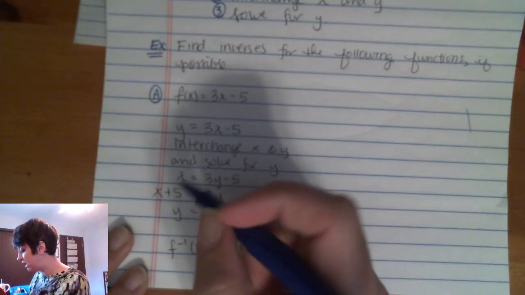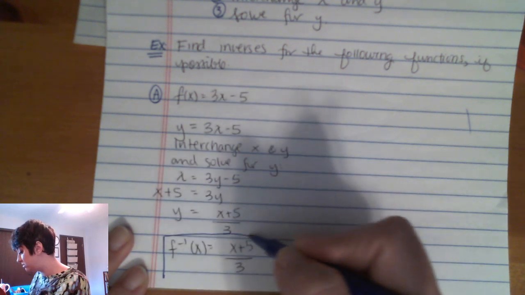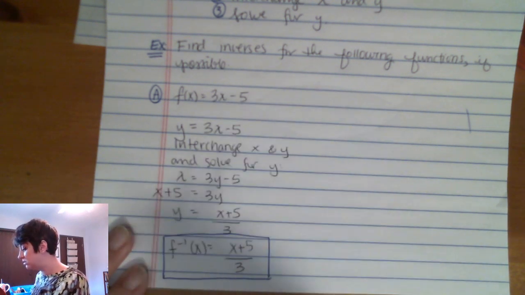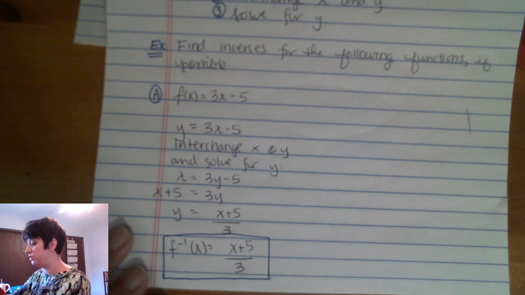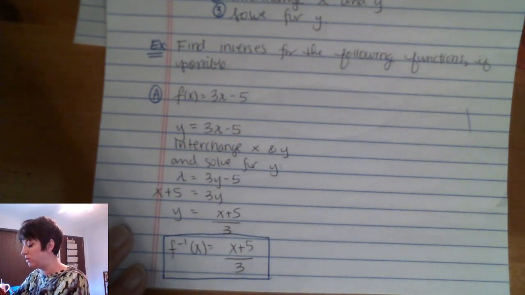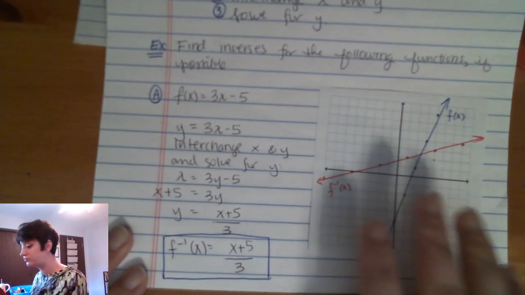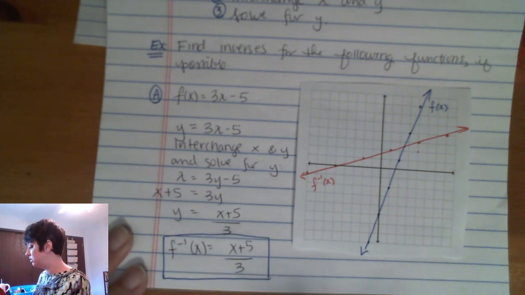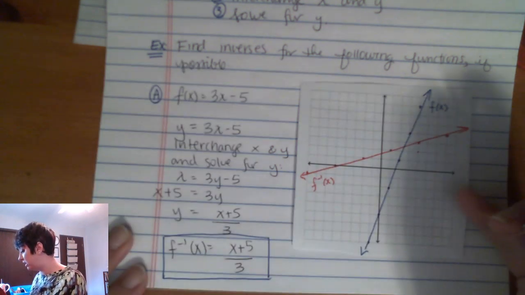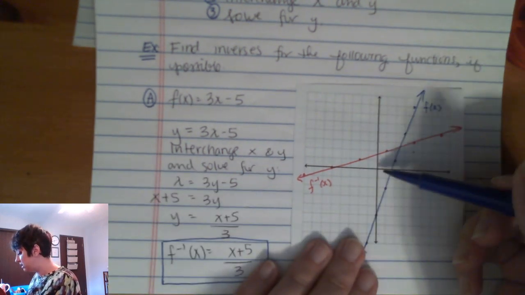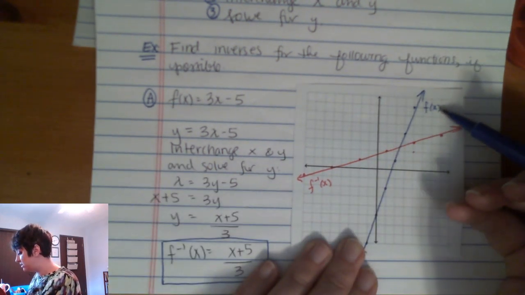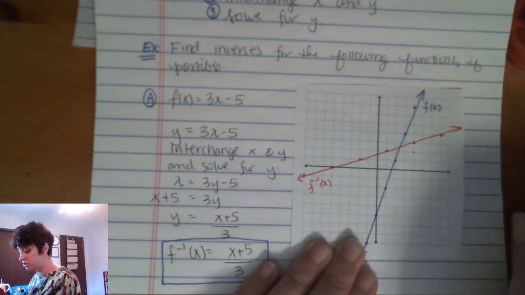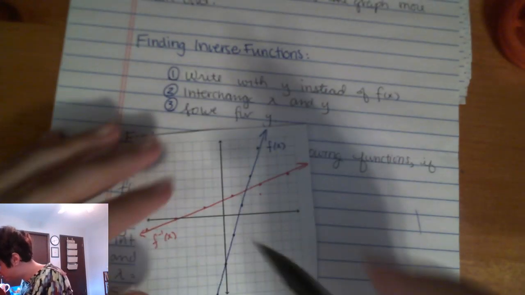Now I did go ahead and graph each of these just as an illustration to show you guys. You weren't asked to graph them, but I wanted to. All right, so the blue is my f and the red is my f inverse. So they are symmetric about the line y equals x. You can see that would be this line here that I didn't draw, and actually I could go ahead and draw that in. Let me do that.